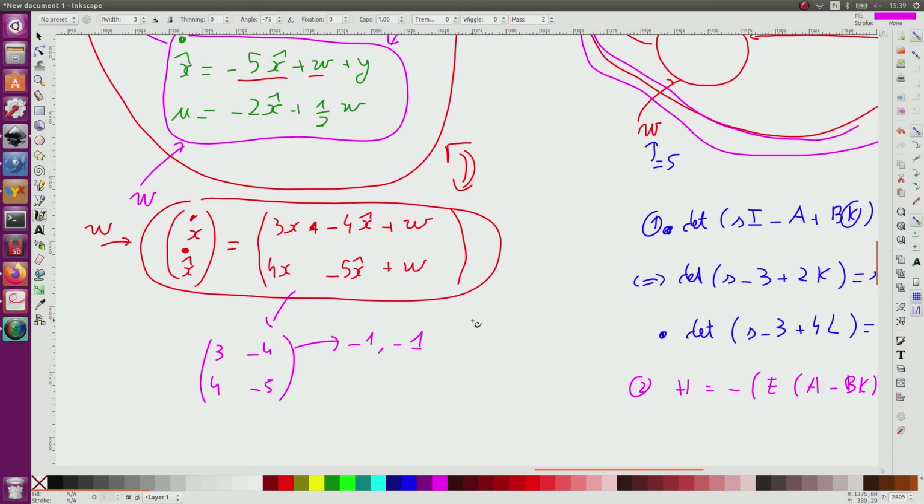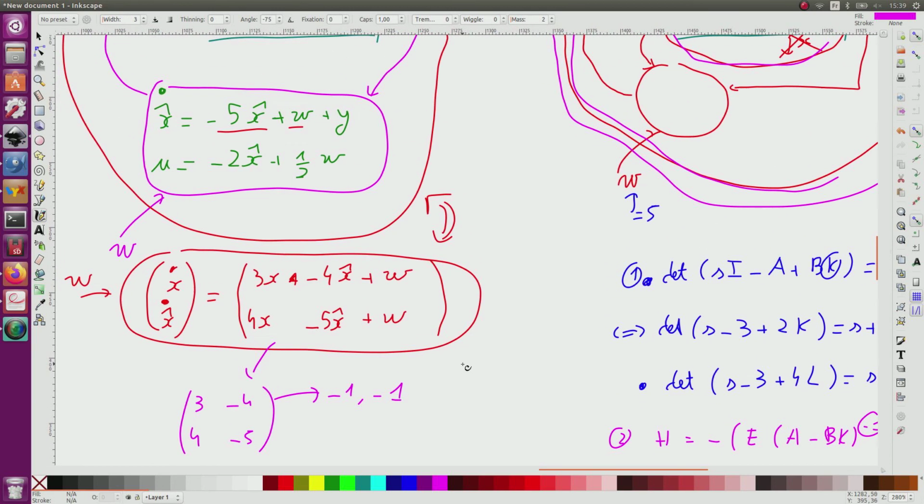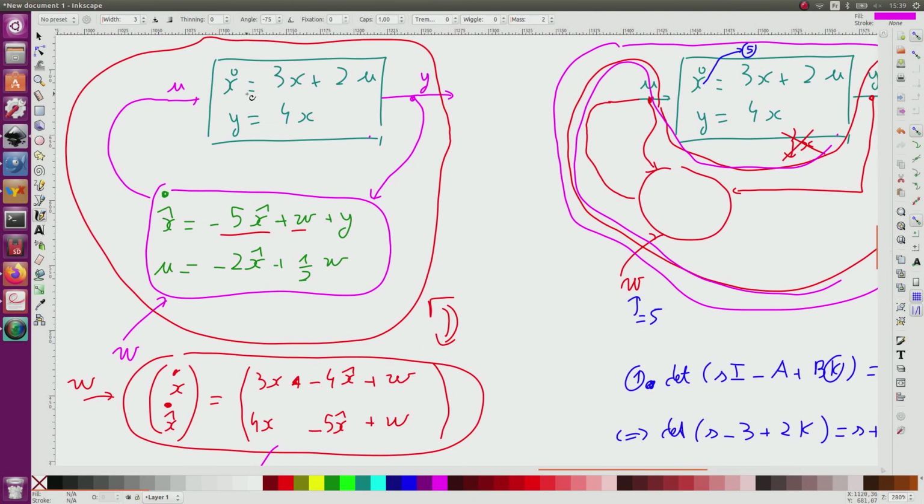And it is a consequence of the separation principle, which tells me that if I place independently the eigenvalues for the controller and for the observer, then there will be no interaction once I have the closed loop with the observer working with the controller.